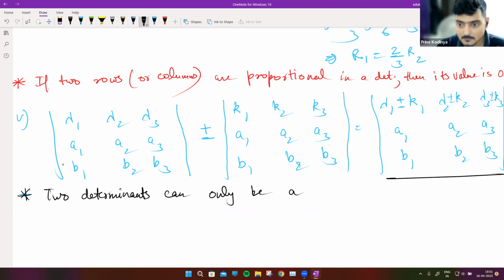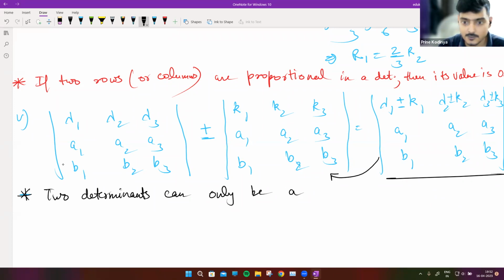Then I can go in reverse. I will only break one row or one column at a time. The other two rows and the other two columns will be the same. Right? So I will only break this first row. The other two rows are the same.